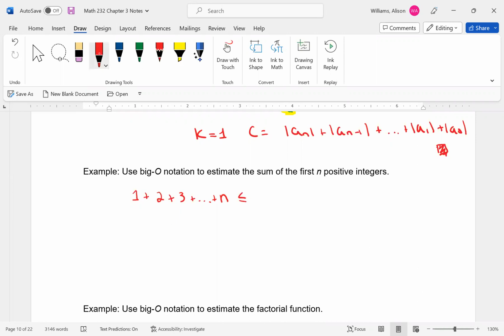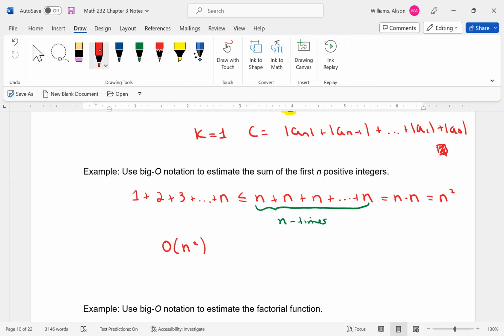I can make all of those instead say that they are all definitely smaller than n, since n is a bigger number. And how many of these do we have? We have n of them. So this becomes n times n, or n squared. So it's big O of n squared.